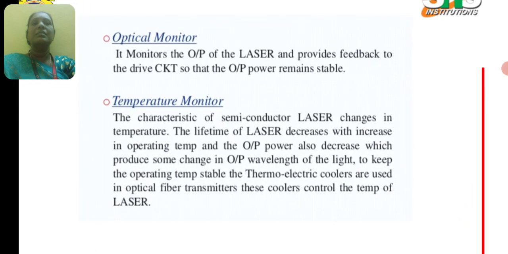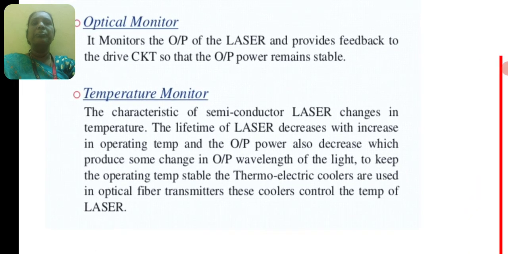Next is the optical monitor. The function of the optical monitor is to monitor the output of the laser and provide feedback to the drive circuit so that the output power remains stable. There is also a temperature monitor. The characteristics of a semiconductor laser change with temperature.